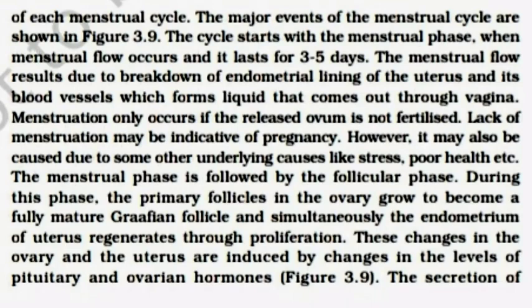The menstrual phase is followed by the follicular phase. During this phase, the primary follicles in the ovary grow to become a fully matured Graafian follicle, and simultaneously the endometrium of the uterus regenerates through proliferation.